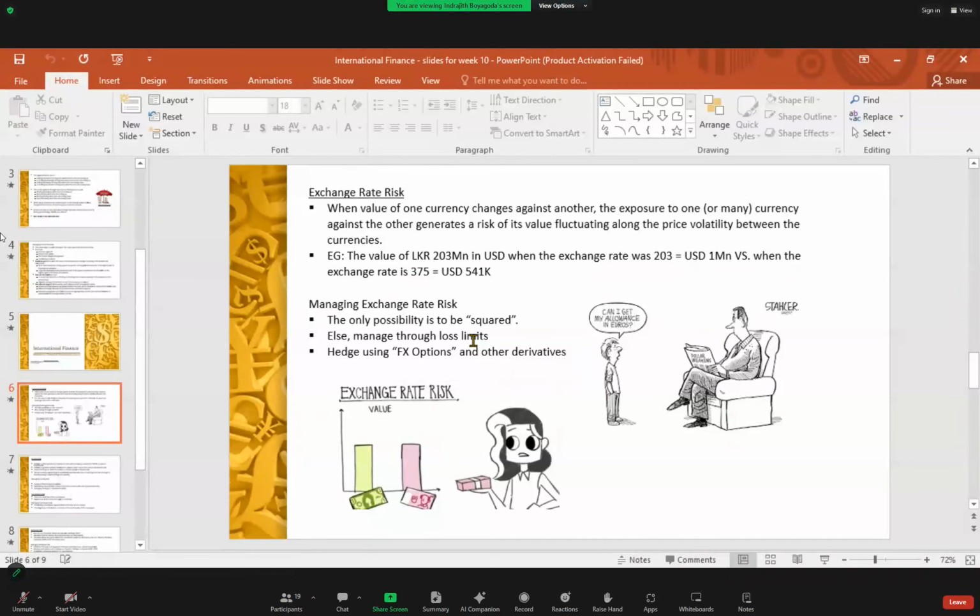Once you establish that tolerance limit, you need to change the exposure or the open position to be within that tolerable limit. As long as I'm within the tolerable limit, I'm okay. That's what you call managing loss limits, or rather managing by establishing loss limits. Okay.